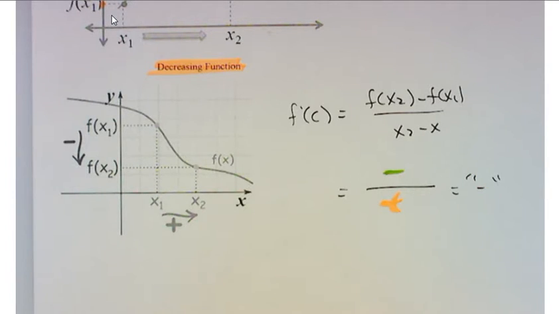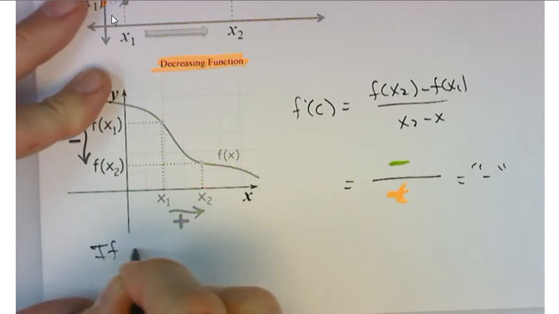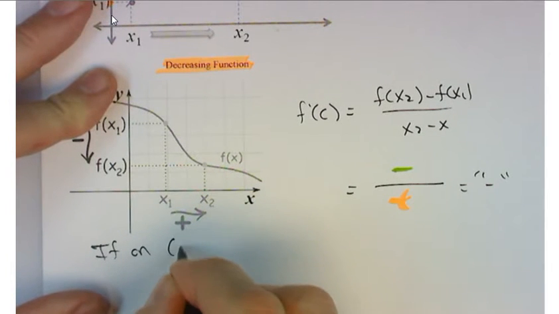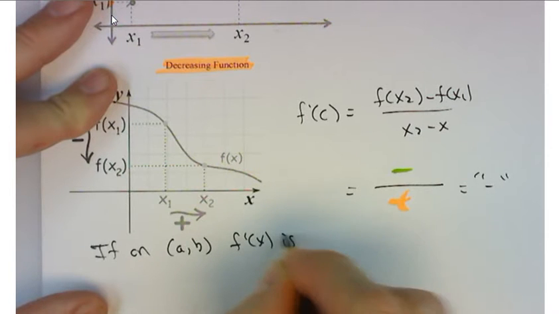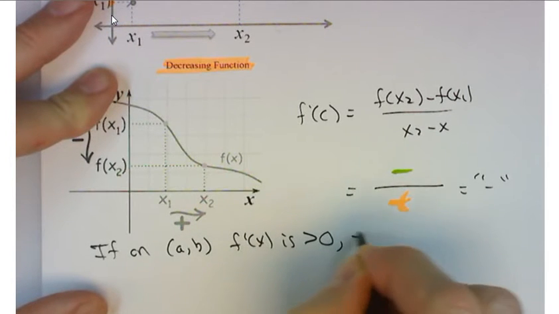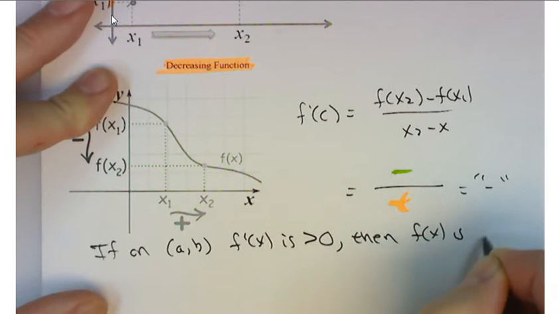So this gives us an easy means by which we can discuss and see the behavior of a function. If on some interval, say a to b, f prime of x is greater than 0, then f of x is increasing on that interval.